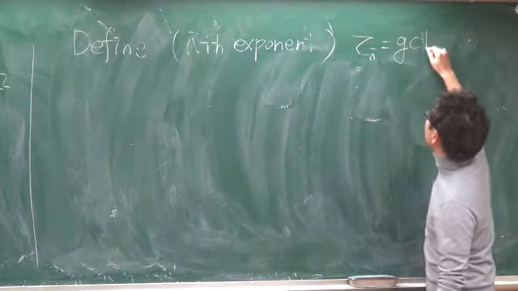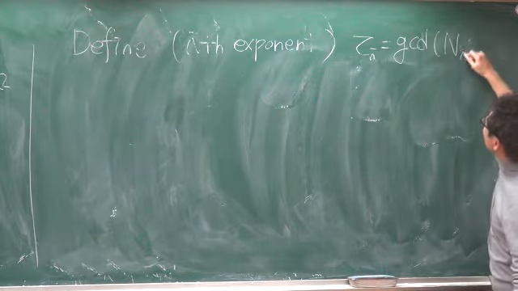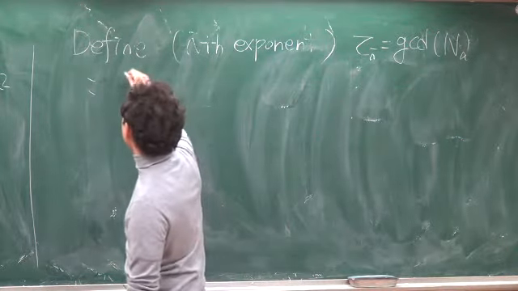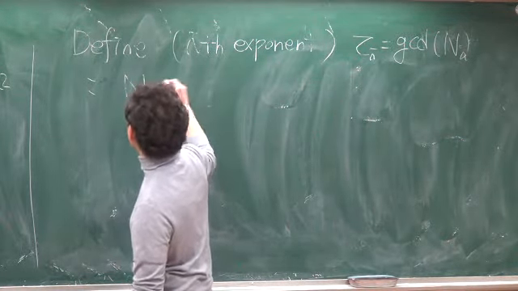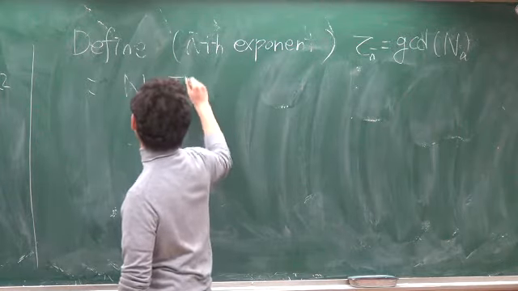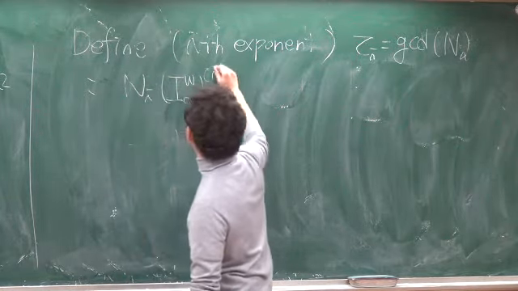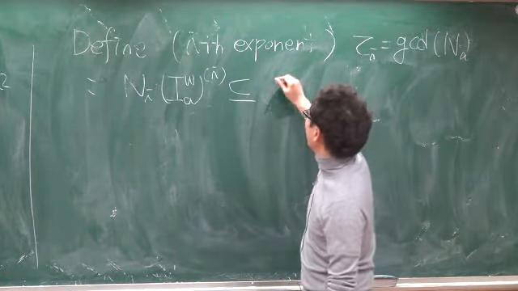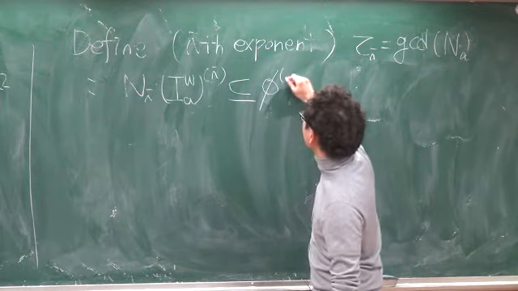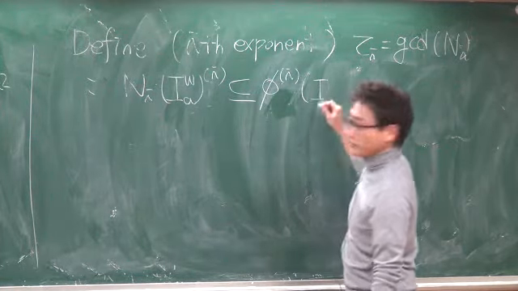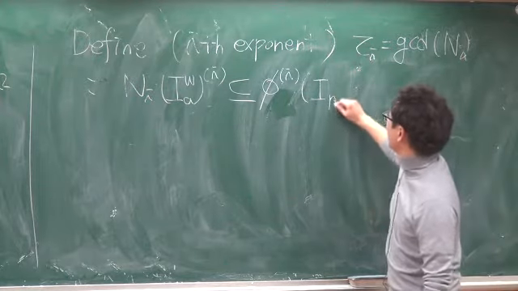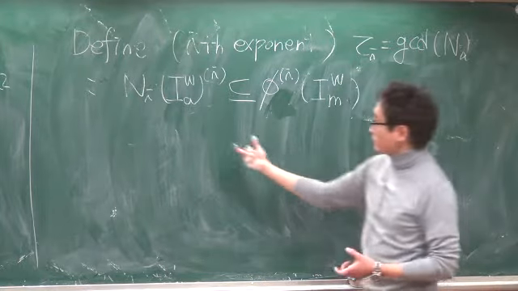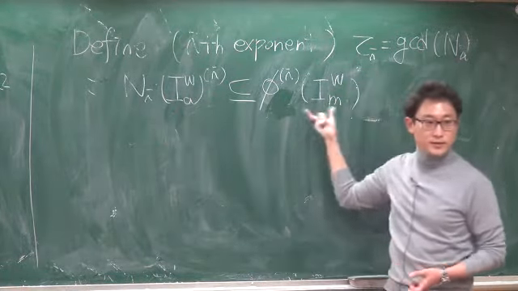Tau i is the GCD of some positive integers ni satisfying that ni times the degree i component is contained in the image of the multiplicative W-invariant ideal. So in general, there is no relation between these two.